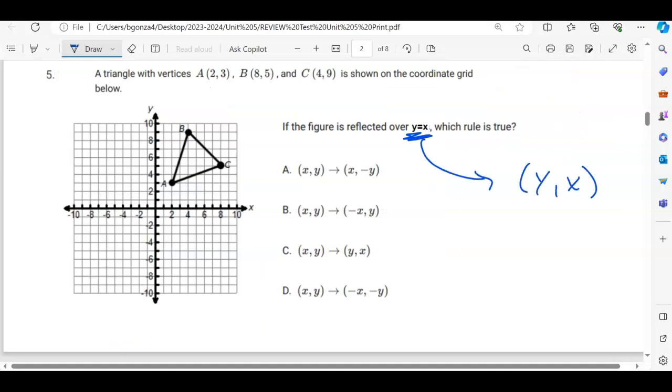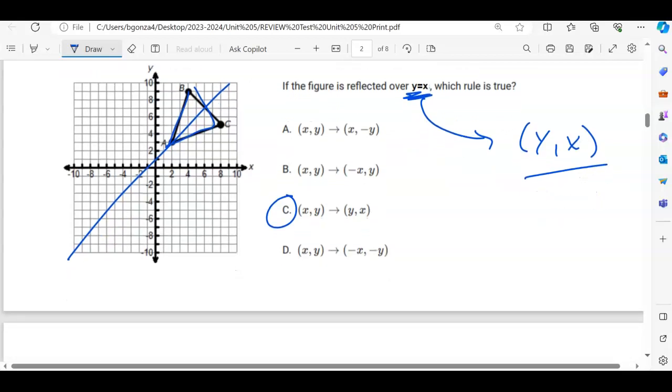So which one's the rule? C. All right. It doesn't even tell you to graph it. You could, but it would reflect over that line. It would actually look the exact same. But anyways, that's the rule. Number 6.